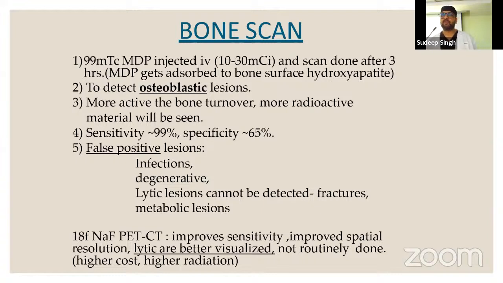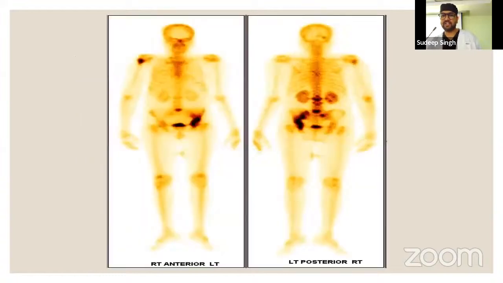The false positive lesions can be infections, degenerative changes, and the lytic lesions cannot be detected, such as fractures or metabolic lesions. 18F PET-CT improves the sensitivity and the spatial resolution, and the lytic lesions are better visualized, but it is not really done due to higher cost and higher radiation. This is a bone scan showing metastasis in the pelvis, increased activity in the pelvis on the left side.